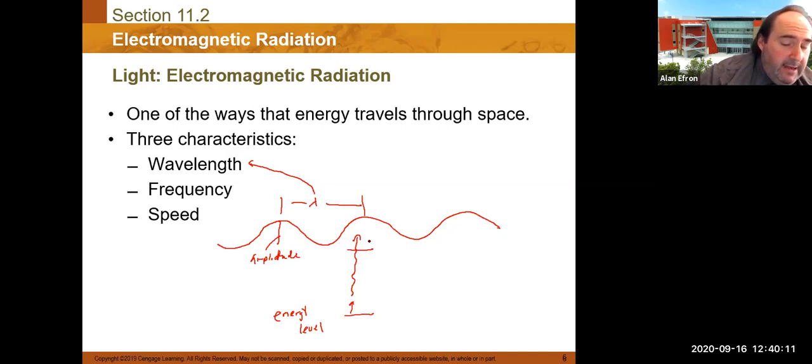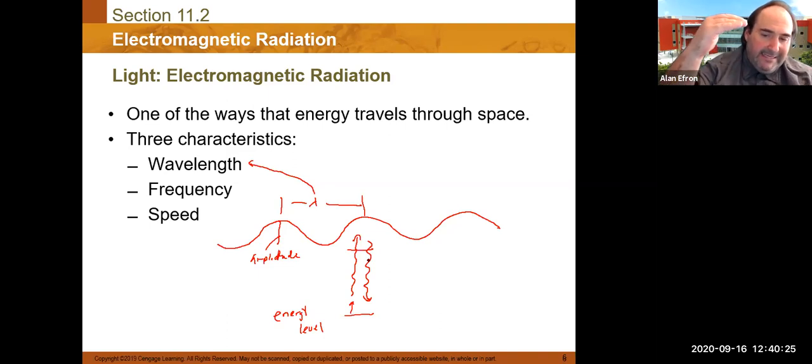And what usually will happen is that electron will then find itself wanting to go back down in terms of energy. And since there's that conservation of energy that we talked about in an earlier chapter, the idea here is in order to allow that electron to go up in energy, it has to gain a certain amount of energy. And in order for that electron to come back down in energy, it has to give off a certain amount of energy.